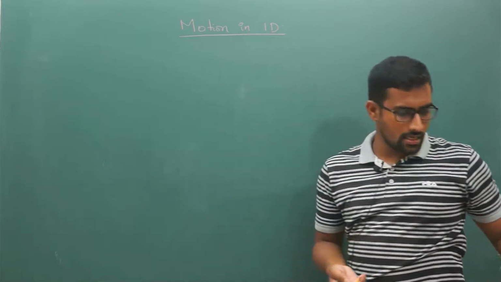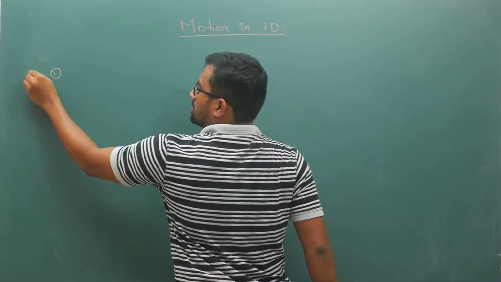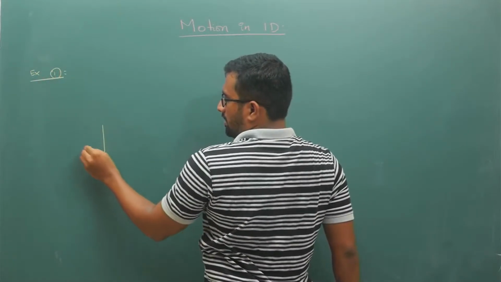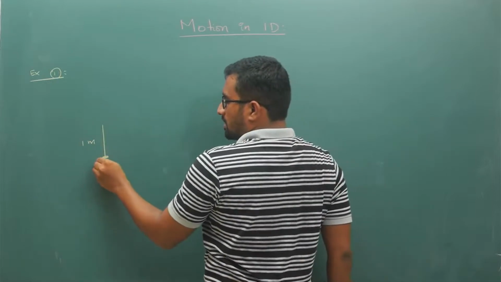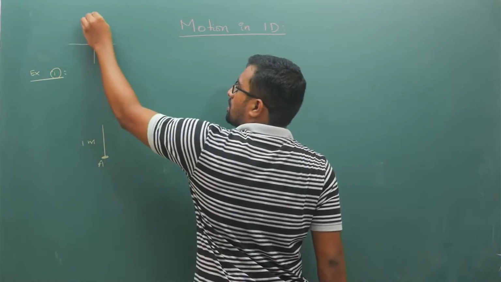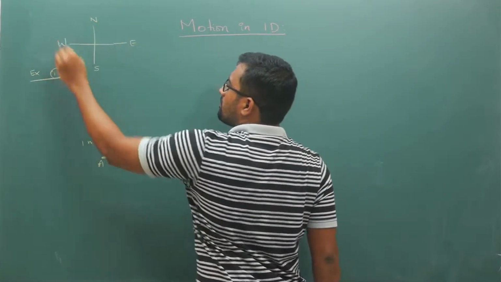Let us say there is a body, example 1. A body has started at A, within the plane of paper. This is your north, this is your south, this is your east, this is your west.